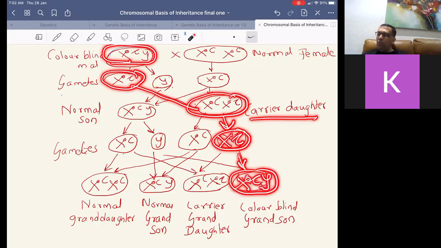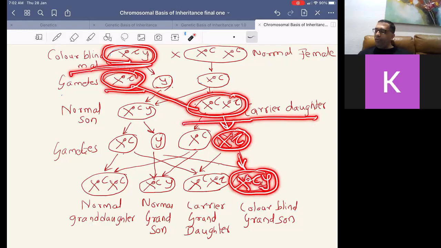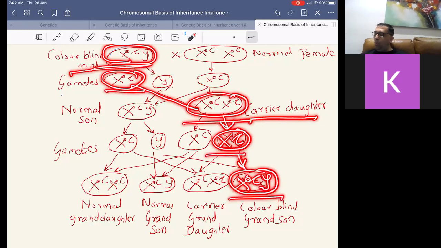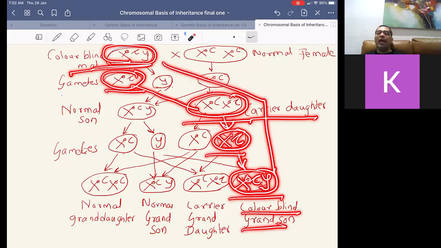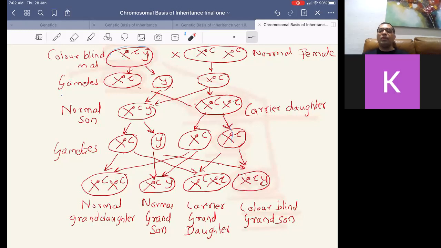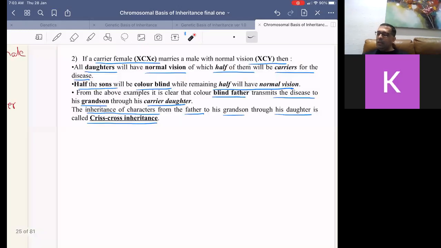So the male was colorblind, the daughter becomes a carrier, and via the carrier daughter to the son, the grandson becomes colorblind. What is this an example of? Crisscross inheritance.